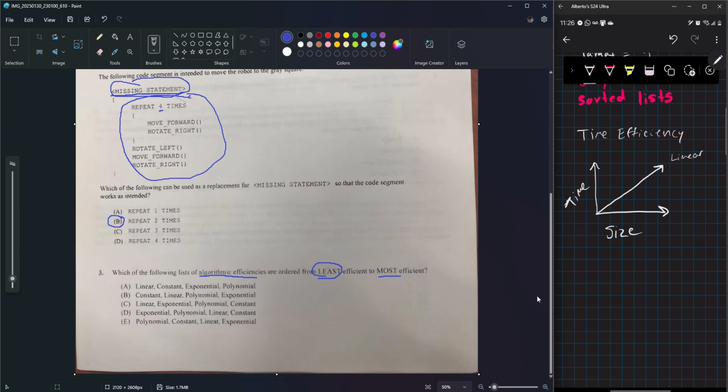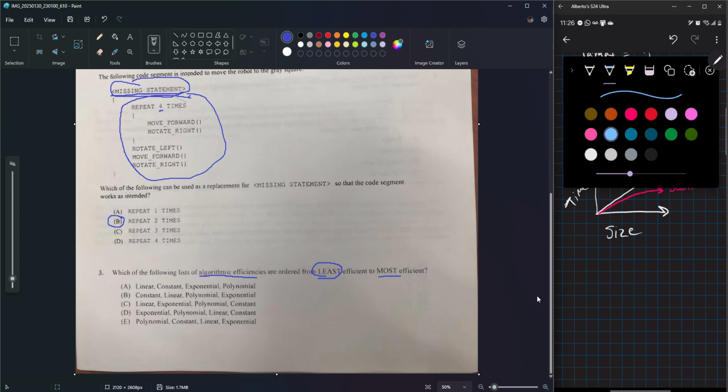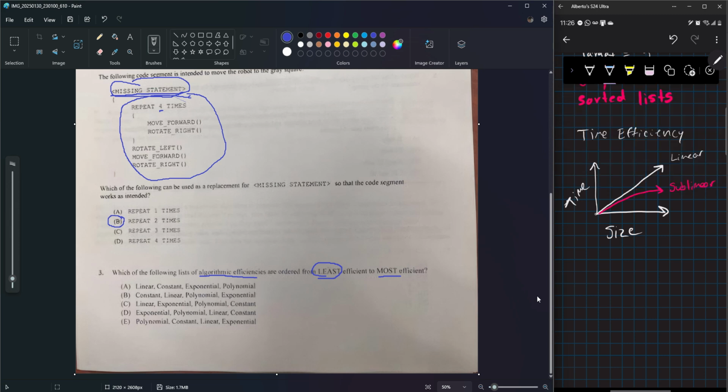You have the one that's less than linear, which is sublinear. You have the one that goes like this, and that's exponential.